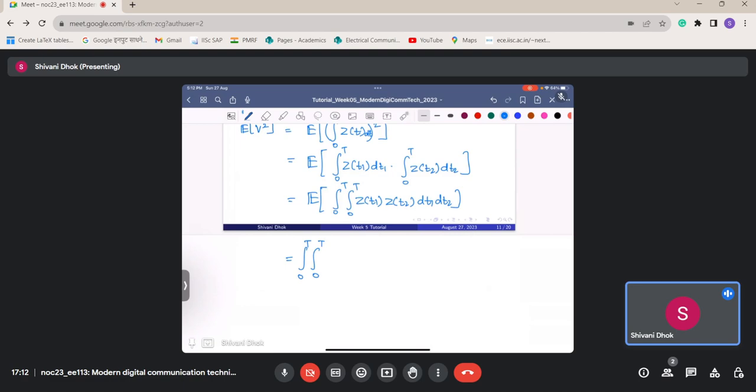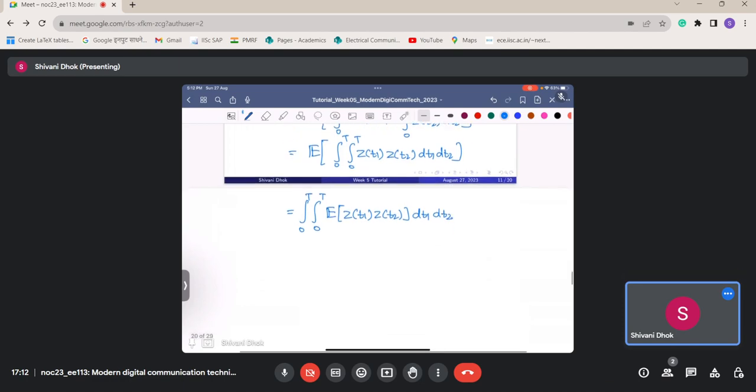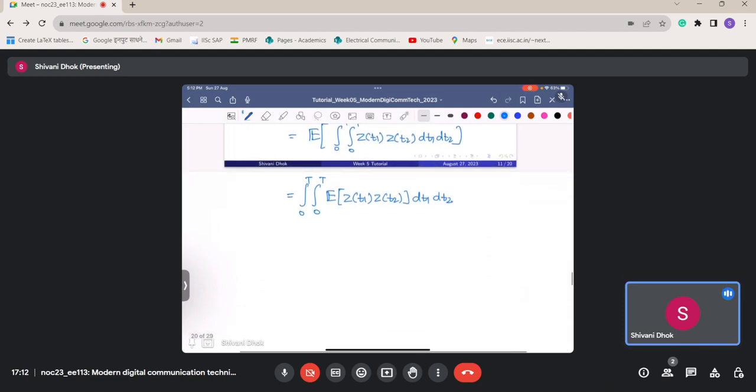Expectation is a linear operator, so expectation of integration is basically integration of expectations. So this expectation I can take inside. So this is expectation of z(t1) z(t2) dt1 dt2. Now if we observe, suppose this is t1, and this t2 I can write as t1 plus tau.